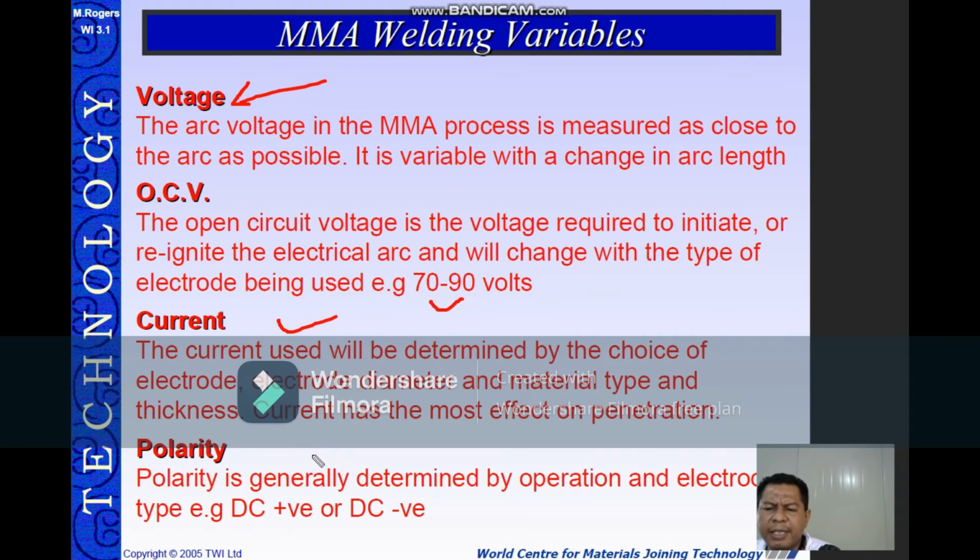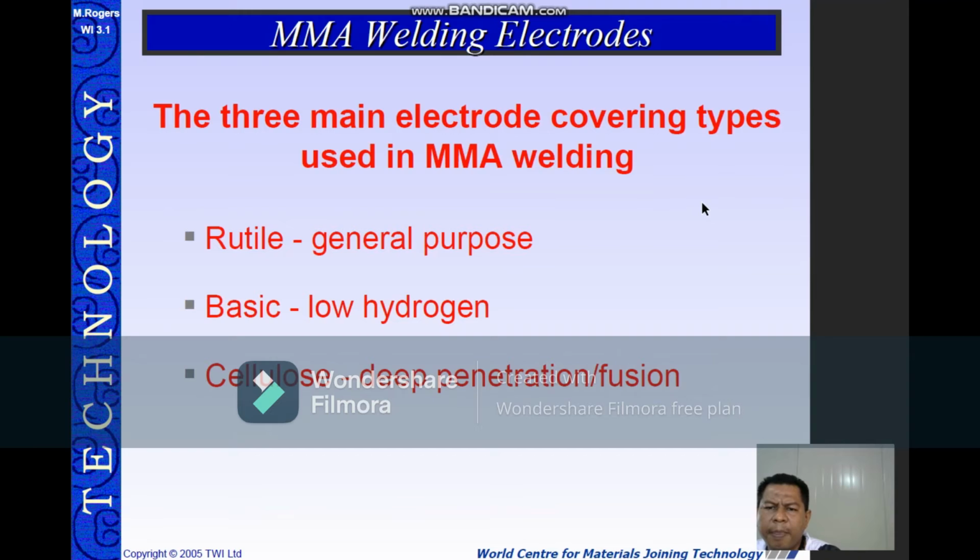Polarity is determined by the type of electrode, DC direct current, or DC with the electrode on the positive. This is the main electrode covering used for MMA or SMAW. The choice of electrode depends on the hydrogen content. Rutile is normally used for general purpose.